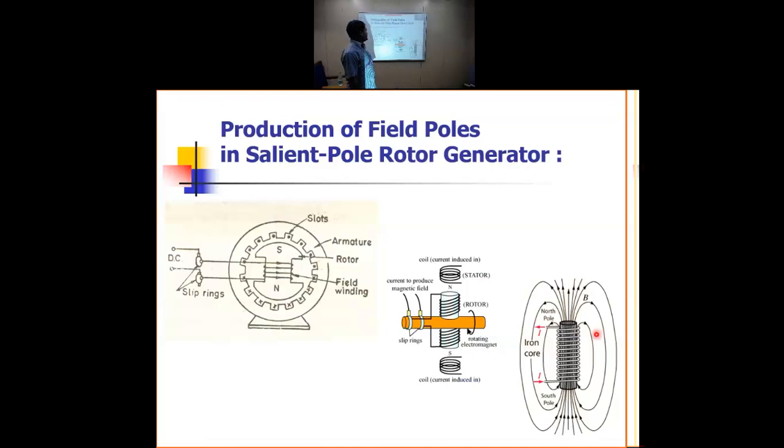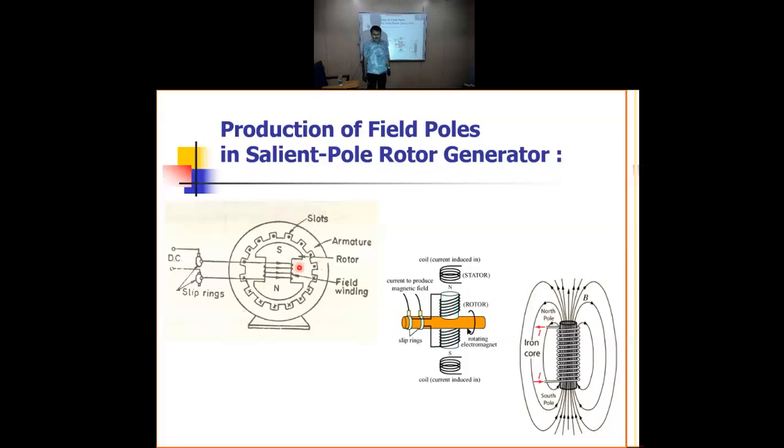Now you see for a two pole structure, the air gap is very less here, and here the air gap is more. Because of this different air gap throughout the air gap periphery, the magnetic field flux distribution is not uniform. The magnetic field is very strong where the air gap is small, and becomes weaker where the air gap length is more.